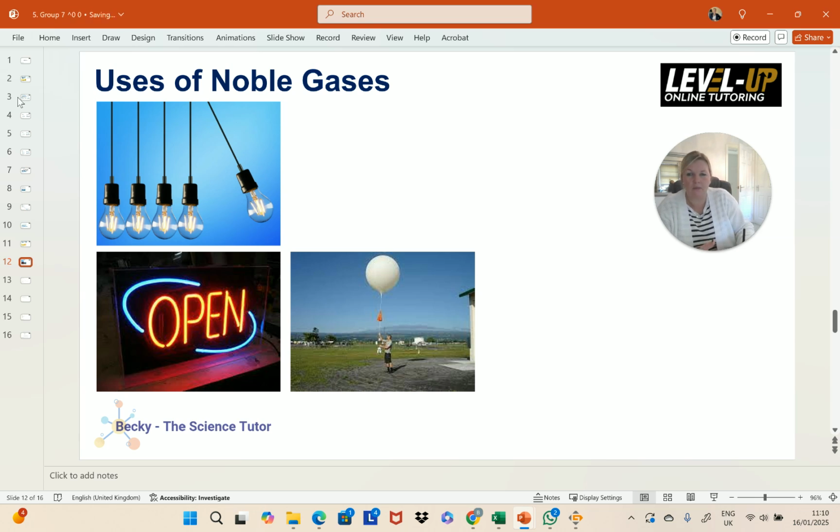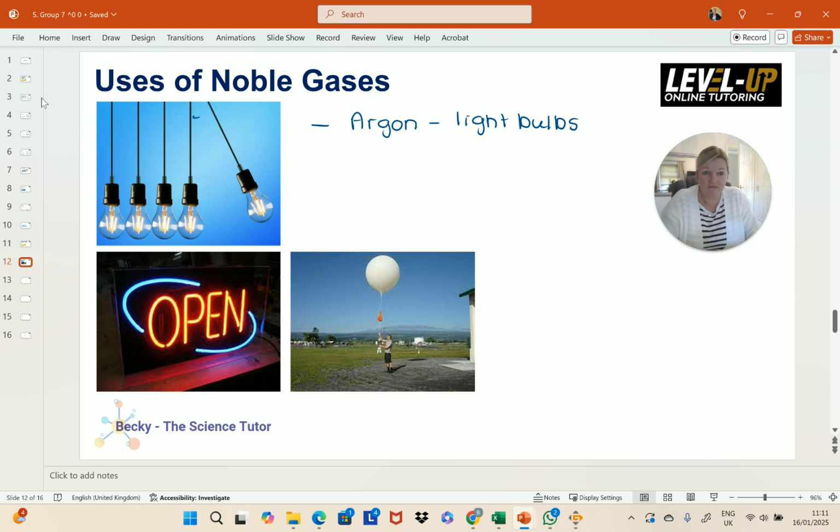So the first one, and this is a popular context for an exam question, is that argon is used in light bulbs. And the reason that we use argon is because it is unreactive. When that filament inside the bulb heats up, if it was full of oxygen, for example, that could cause the oxygen to ignite and therefore that bulb to explode. So we use argon for its simple reason that it isn't reactive.